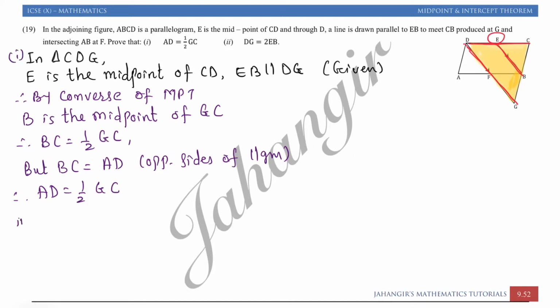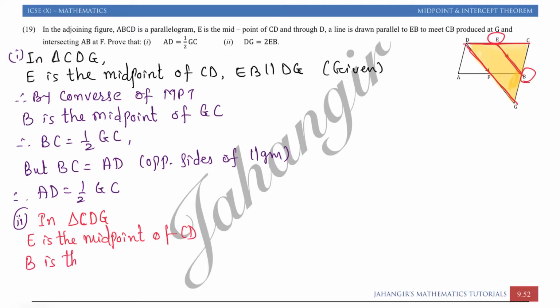Now for second, we will directly consider the same triangle in which now we have B and E as the midpoints of CG and CD. So I will take in triangle CDG, E is the midpoint of CD.